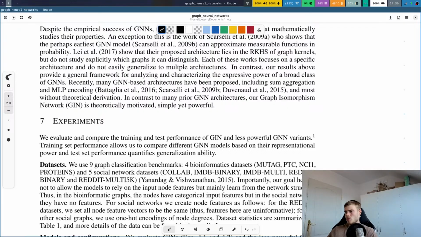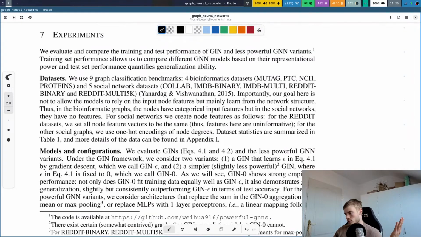In contrast, our results above provide a general framework for analyzing and characterizing the expressive power of a broad class of GNNs. Recently, many GNN-based architectures have been proposed, including some aggregation and MLP encoding, and most without theoretical derivation. In contrast to many prior GNN architectures, our graph isomorphism network, GIN, is theoretically motivated, simple, yet powerful. Great.